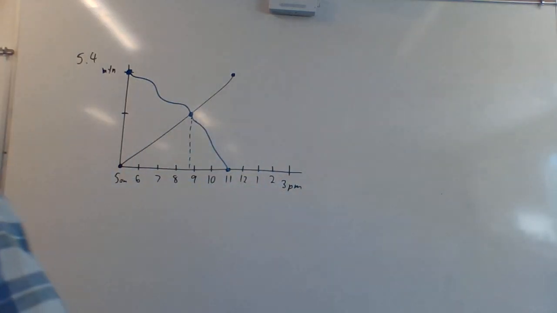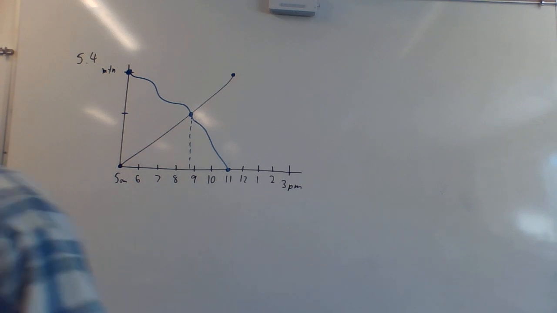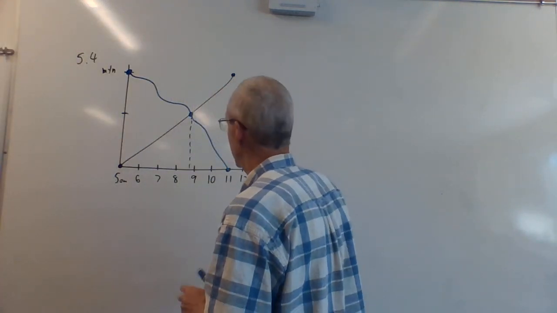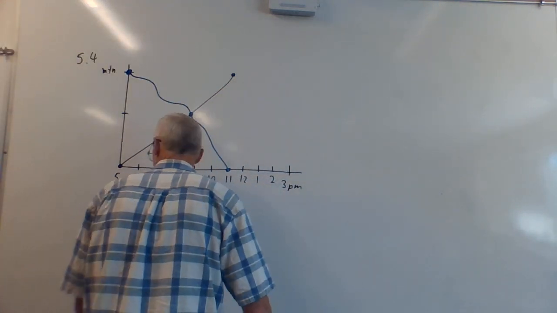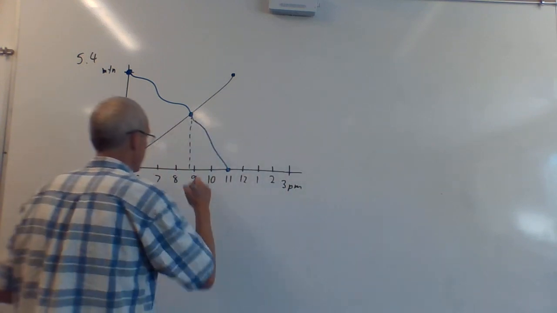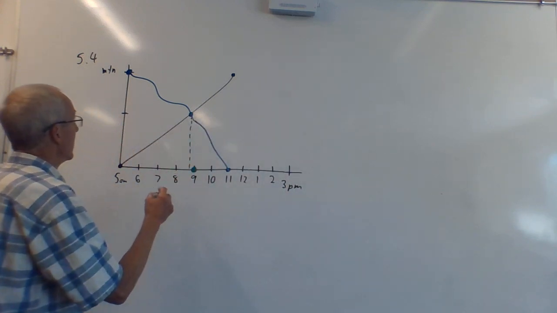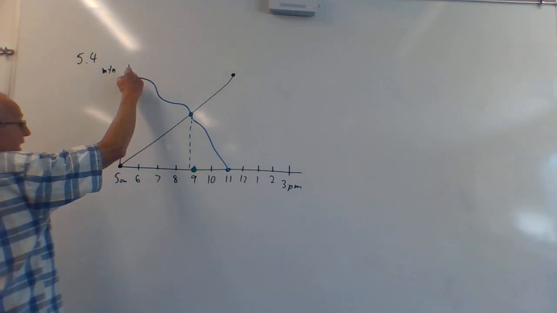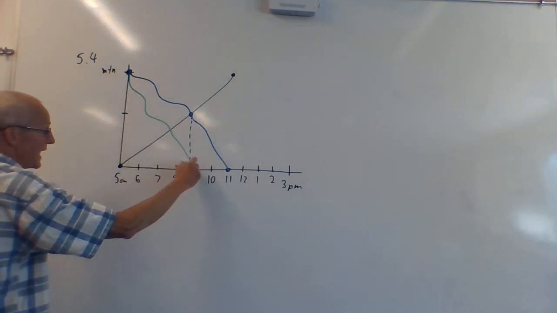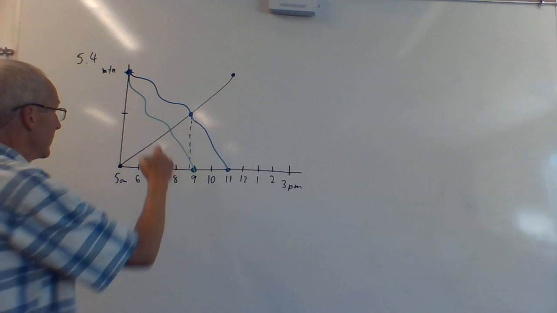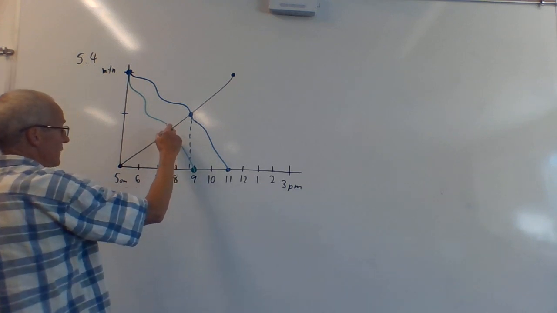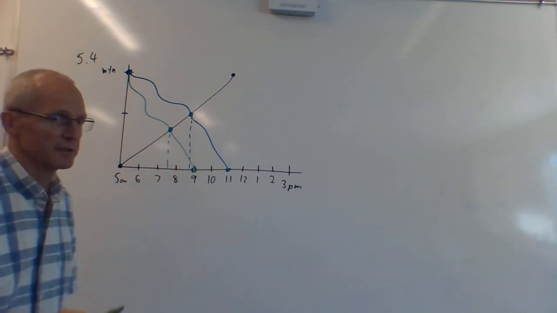Now, part B says, suppose the monk walked faster on the second day and gets back at 9 a.m. Okay, so let me do that in green. So he gets back here at 9 a.m. So I draw a line from here, and again, no matter how I draw the line, I have to cross the black line, right? It'll probably be earlier in the morning. Right now it's like 7:30 or something.